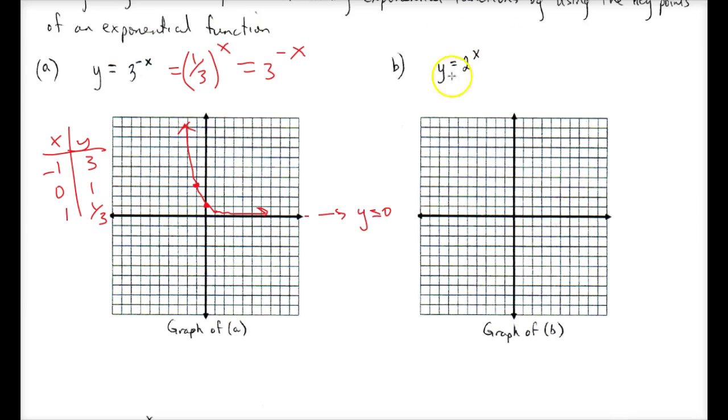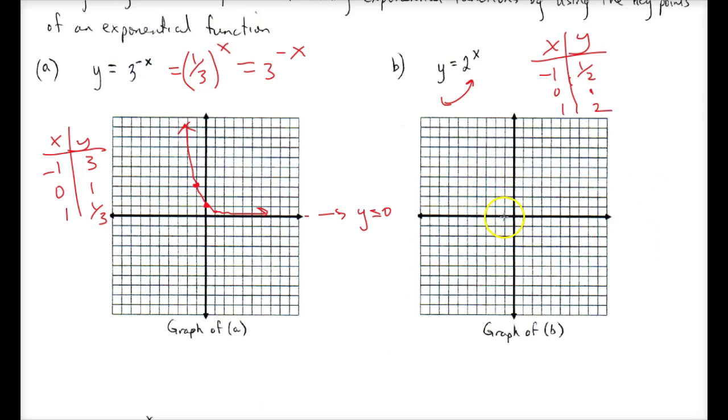Same kind of thing with y equals 2 raised to the x. Here we know that this is exponentially increasing because our a is greater than 1. So we have our values here. So exponentially increasing means low y value first and then high y value last.